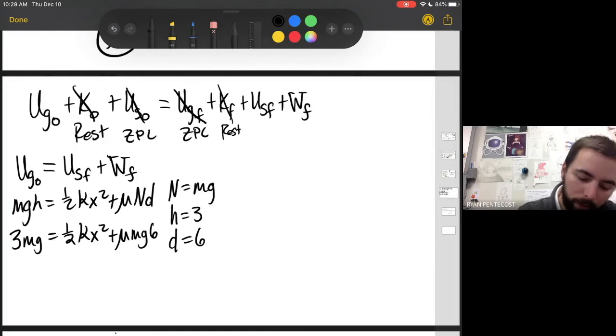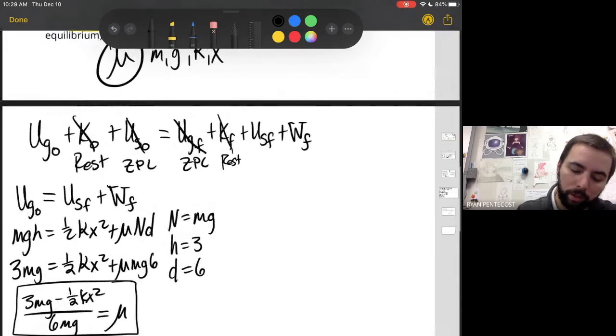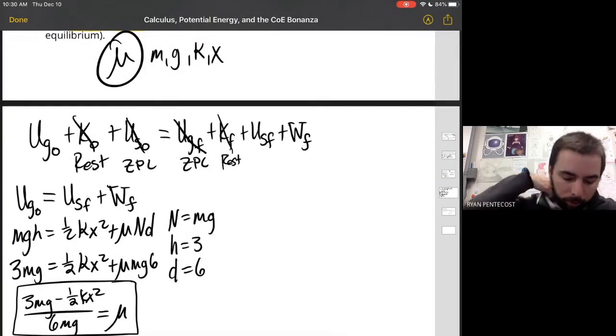Mu, you take that 3mg minus 1/2 kx squared, then you divide by 6mg, and that will give you mu. So that's our equation in the terms that they want. M, G, K, and X. We can see that those are the only variables that we have in the problem.